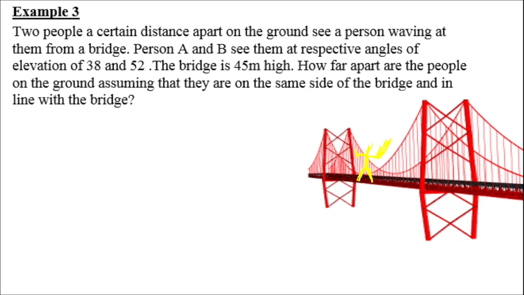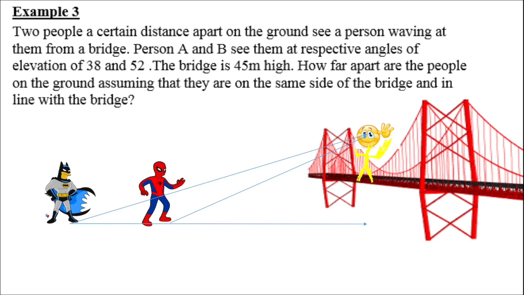Next question. Two people at a certain distance apart on the ground see a person waving at them from a bridge. Person A and B see them at respective angles of elevation of 38 and 52. So one of them sees them at an angle of elevation of 38. It's the further one, by the way.